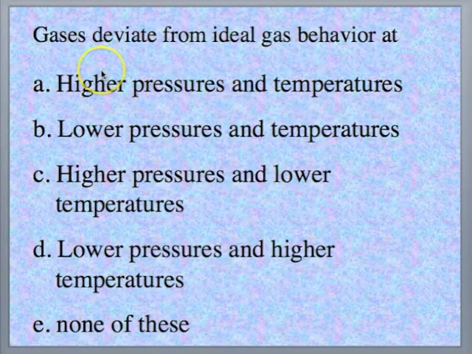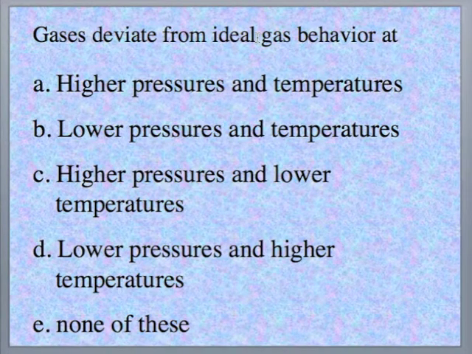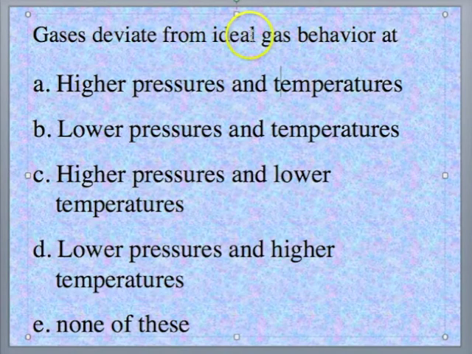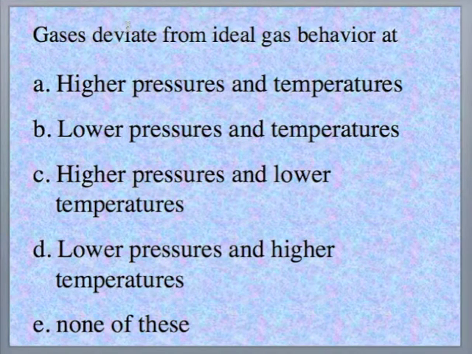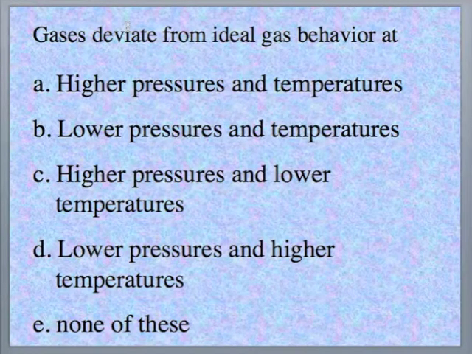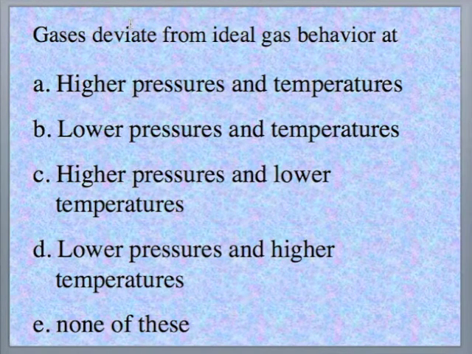Well, so far we've been talking about ideal gases, and ideal gases behave according to the equation PV equals nRT. Not all gases behave as they should, either because of attractions between the particles. They tend to be sticky particles. So, of course, the assumption is there are no attractions between particles in an ideal gas.